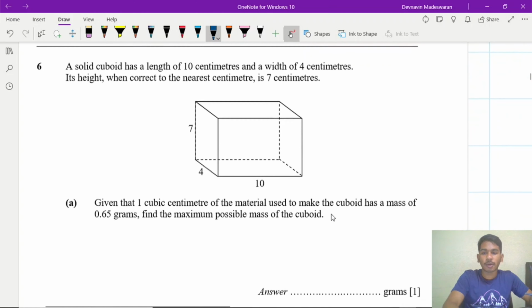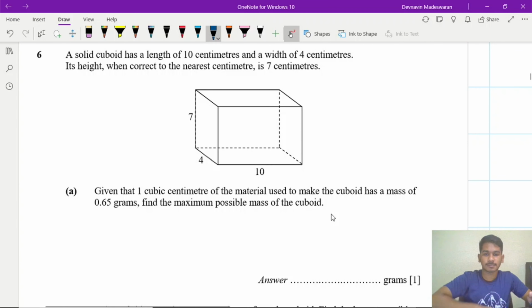A solid cuboid has a length of 10 cm with a width and height of 4 and 7. Given that 1 cubic centimeter of material is used to make the cuboid, every cm cubed has a mass of 0.65. Find the maximum mass of the cuboid. What?